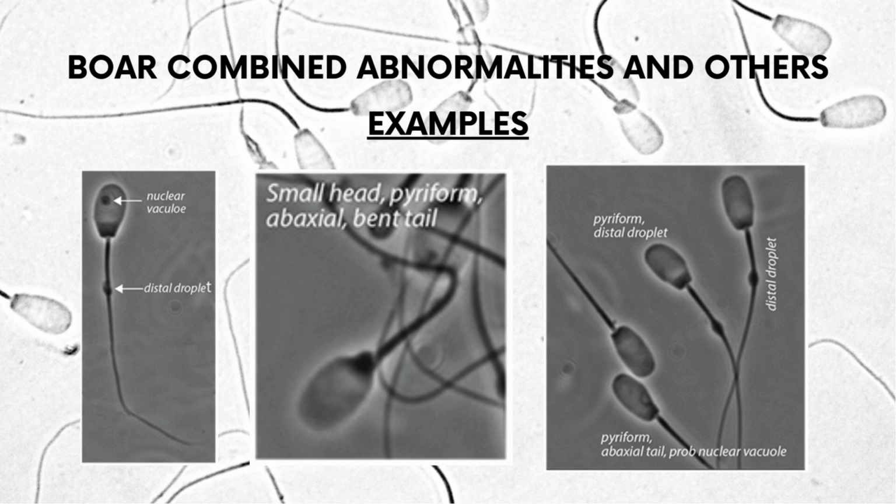Lastly, Picture 3 presents a range of abnormalities: one sperm with a pyriform head and an abaxial tail, another with a problematic vacuole, and one with a pyriform head and distal droplet, all showing multiple structural issues that could impair fertility.